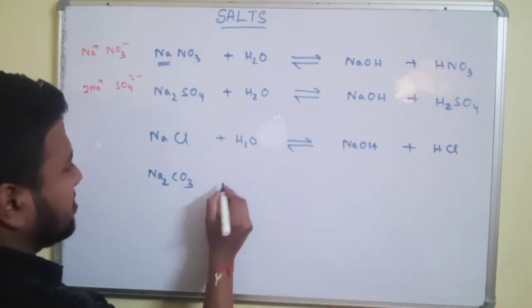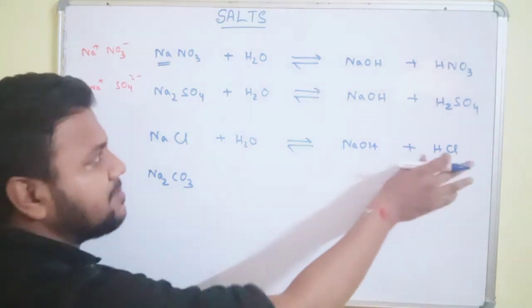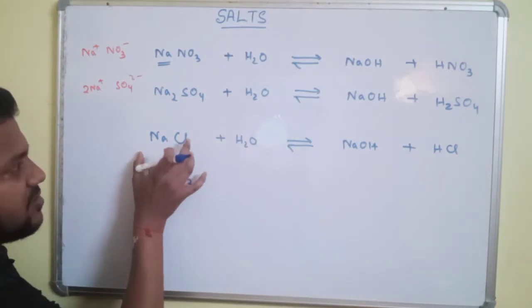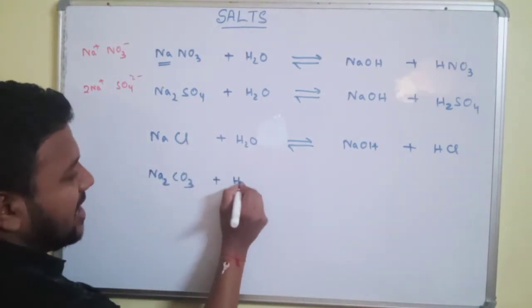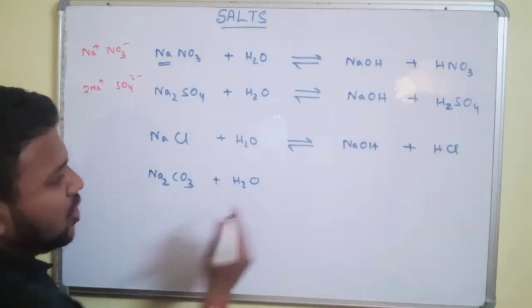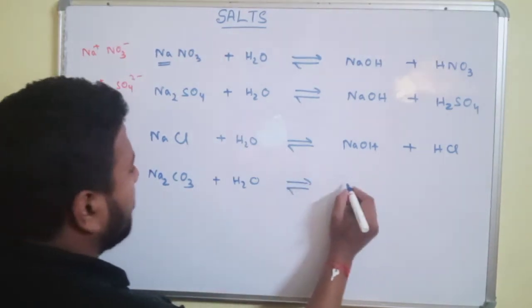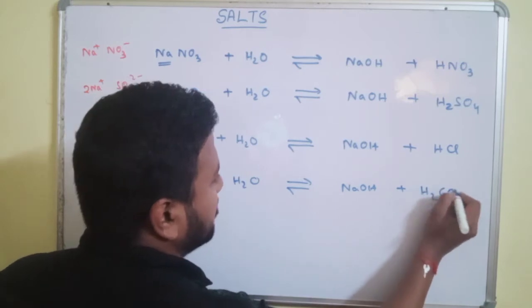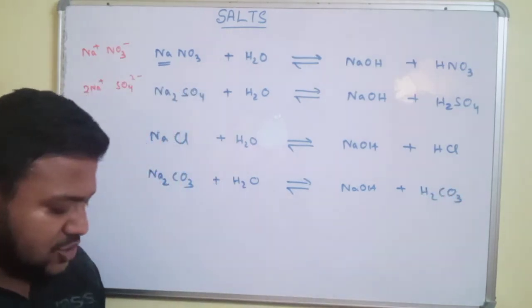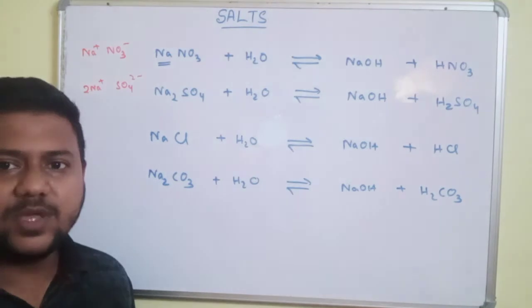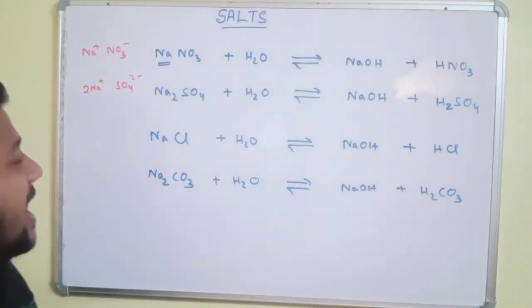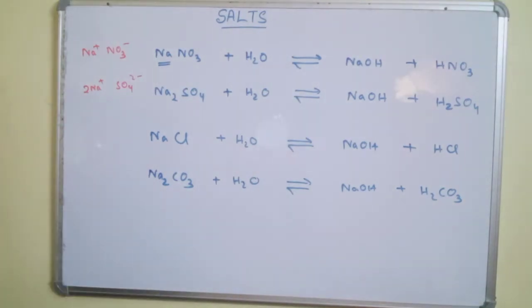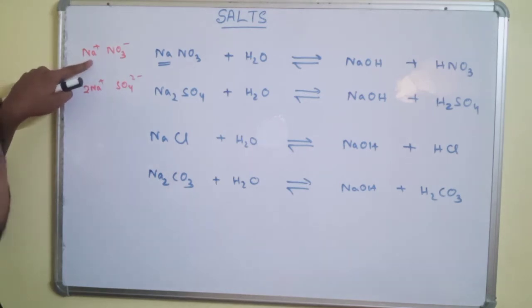Now we are not balancing it. We are just taking out the acids and bases from which this particular salt is made. When we hydrolyze sodium carbonate, we see the formation of NaOH and H2CO3.